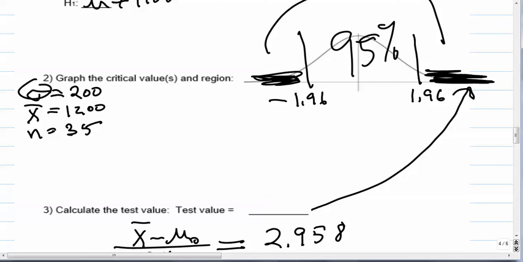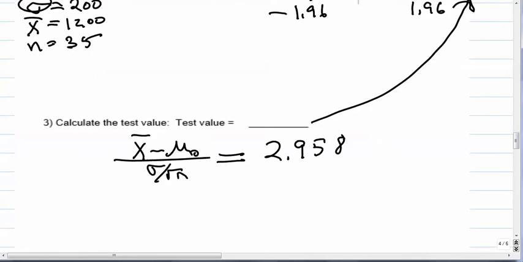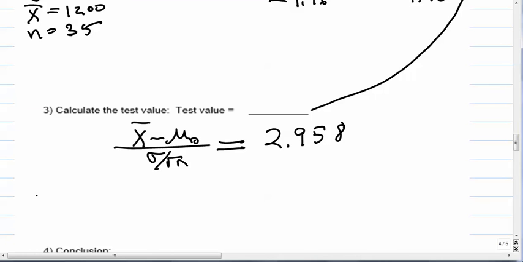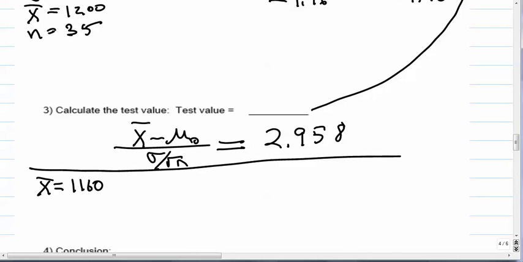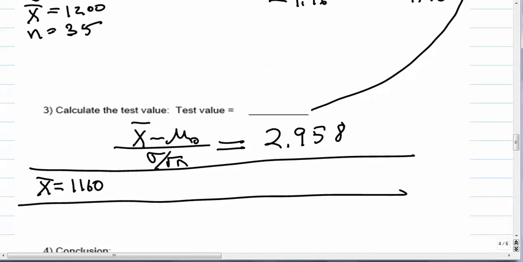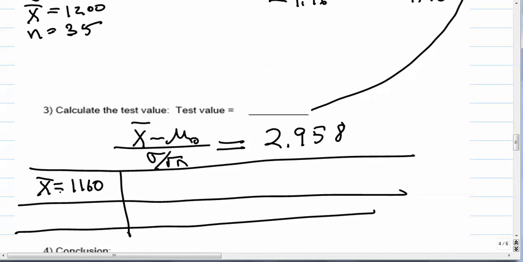Anyway, I just want to point out, this is not on your paper though, that if you calculate with x bar equal to 1160, you can show that the test value, again, this is separate from the problem, just to give you a little bit more extra practice, is going to be equal to 1.775.